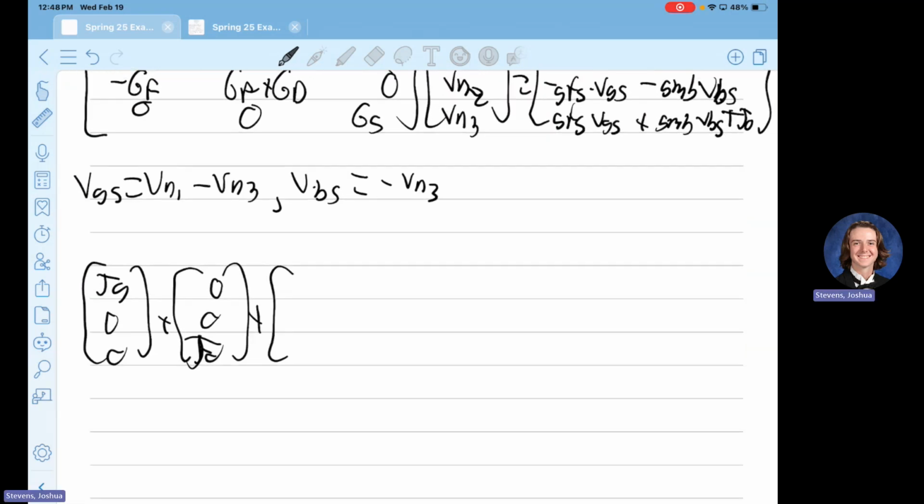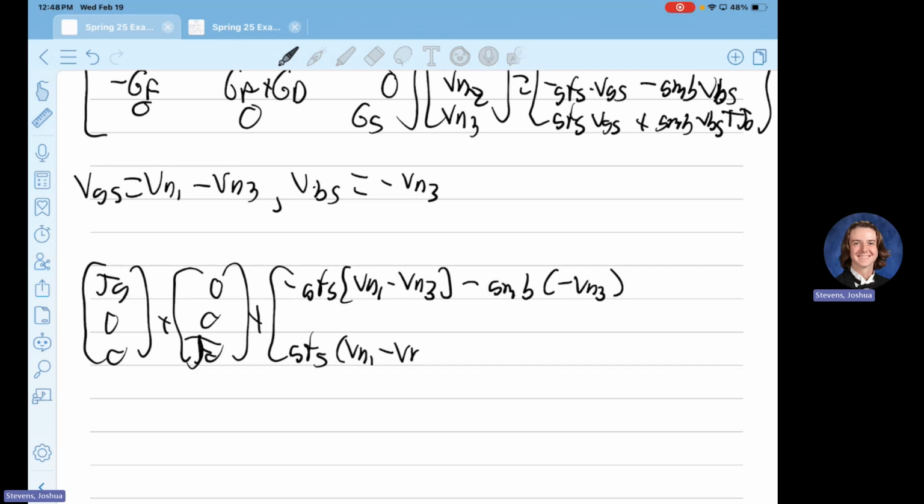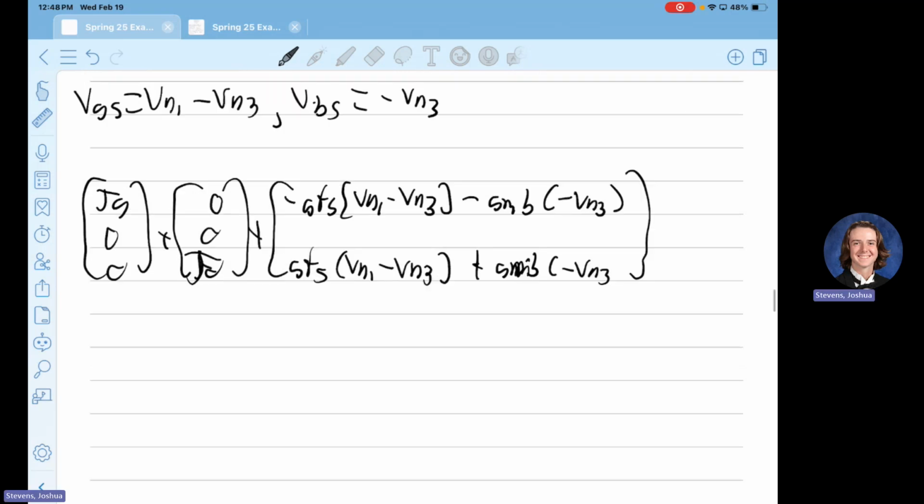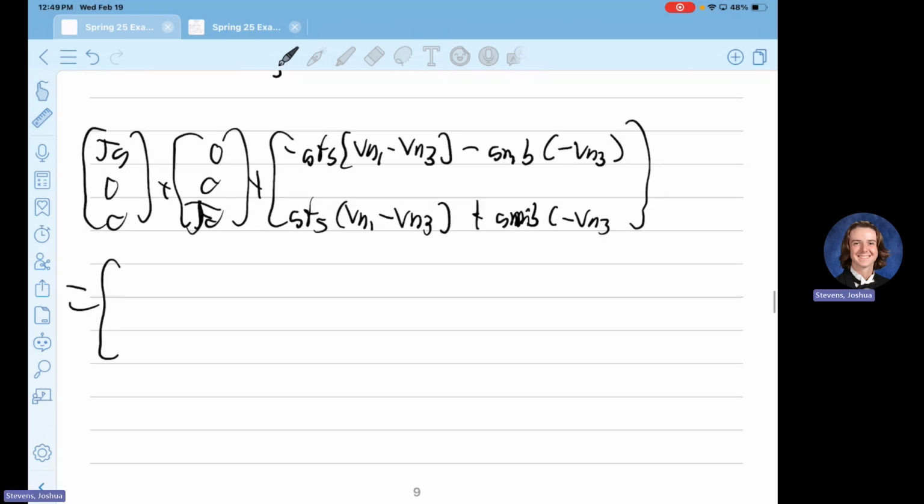So that means this is negative GFS times VN1 minus VN3, minus GMB times negative VN3. Right, yes. GFS VN1 minus VN3 plus a GMB times negative VN3. All right, now we're going to break that up into the nodal voltages.